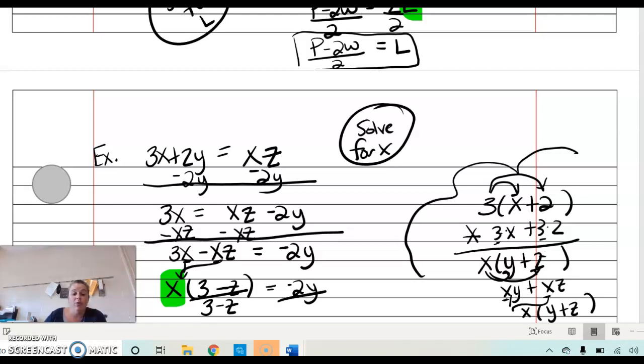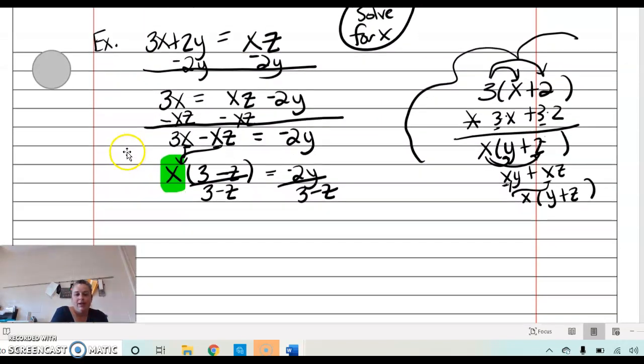And I mean both sides, 3 minus z. Okay, and again, we get down to 1x is equal to negative 2 times y, all over 3 minus z.